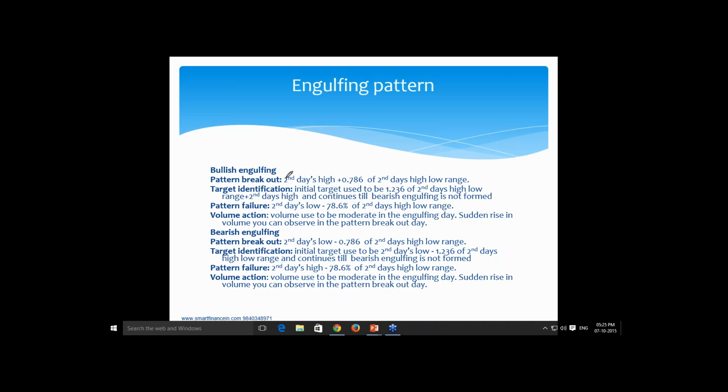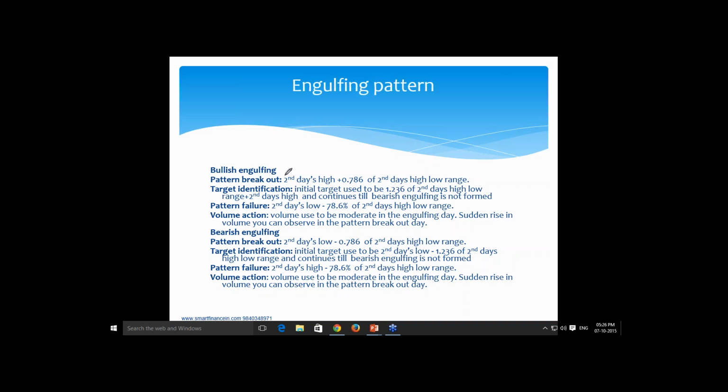If the next price move gives me this level, the second candle's high added with its high-low range multiplied by the 0.786 retracement, if I get that, then it is a breakout.